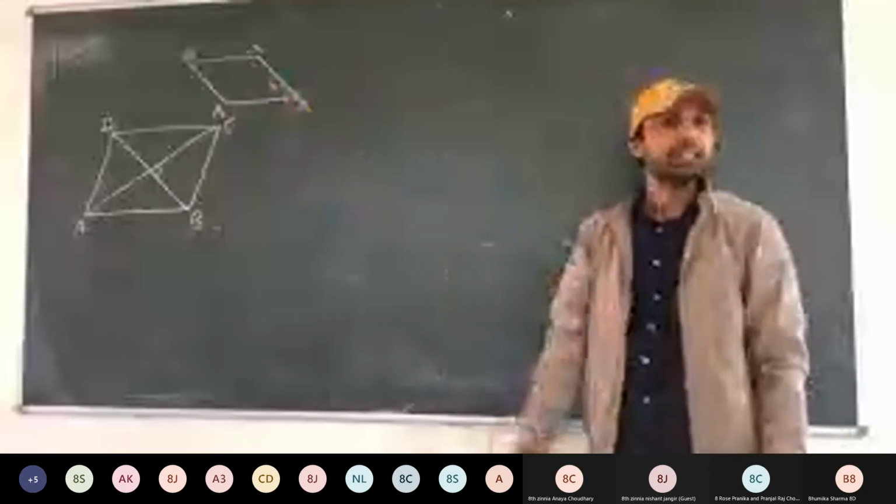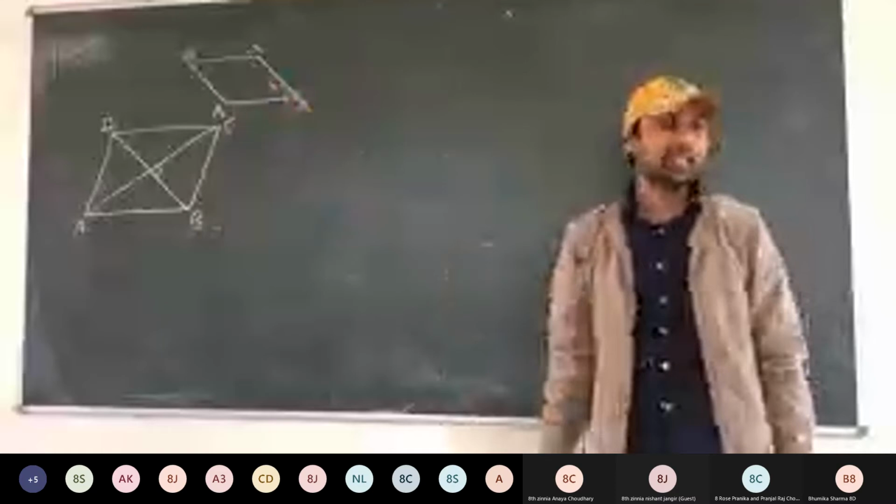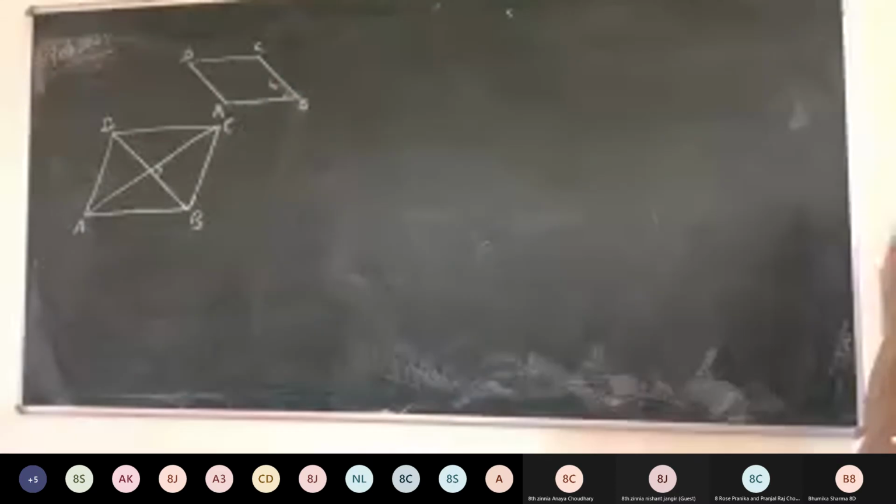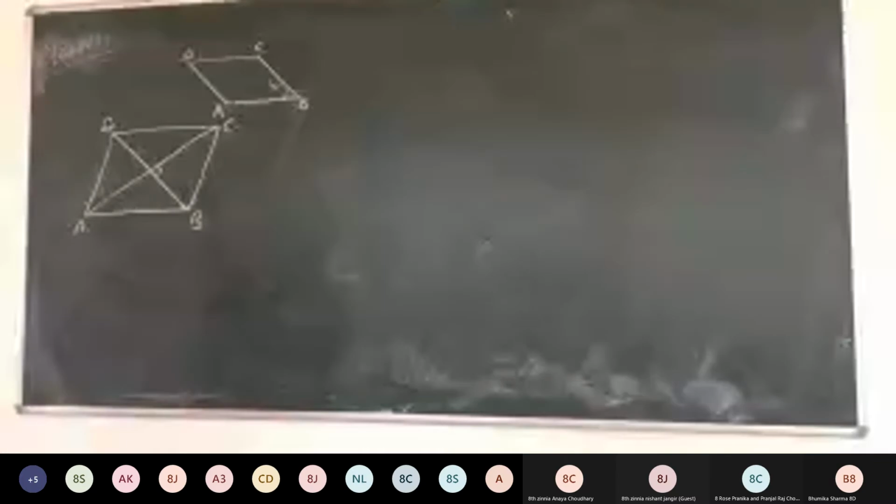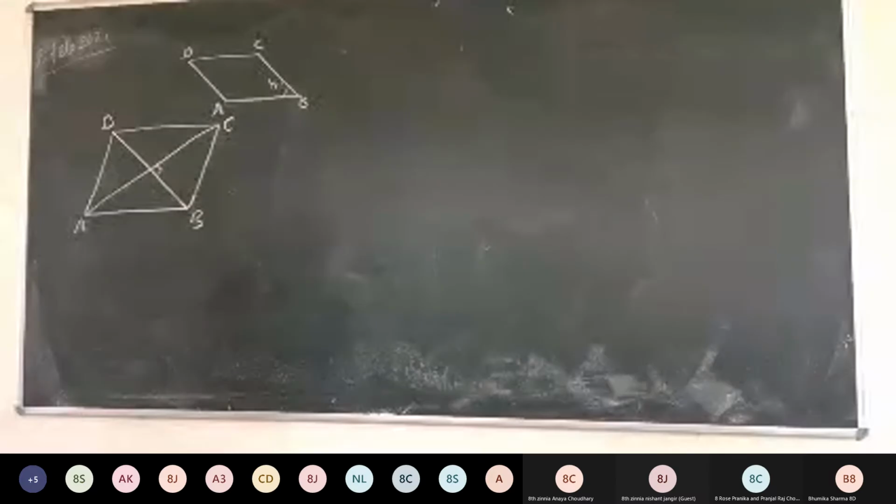So first we draw line AB equal to 6 centimeters. Draw a line AB of 6 centimeters.